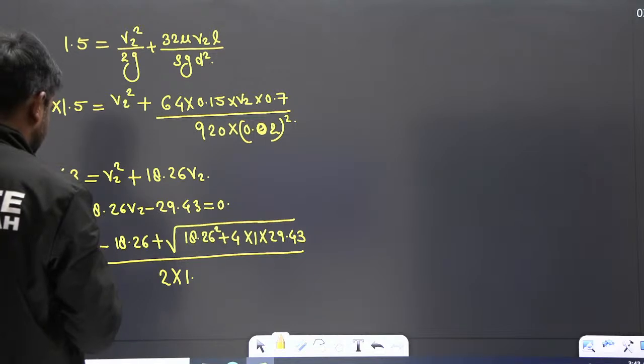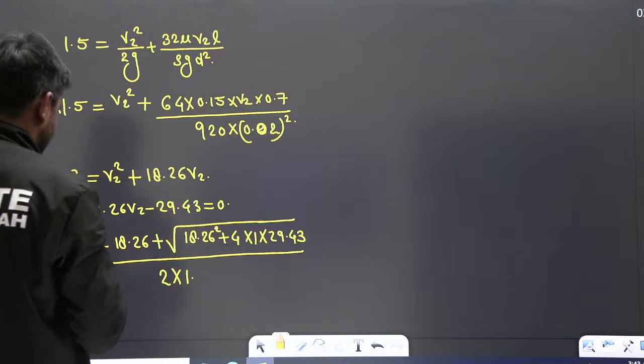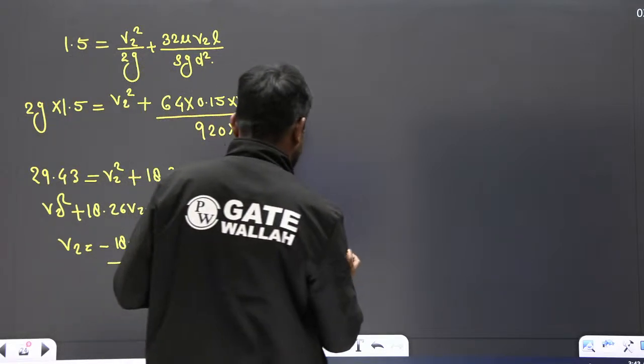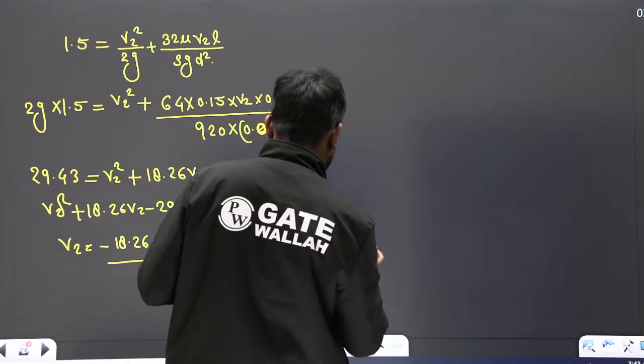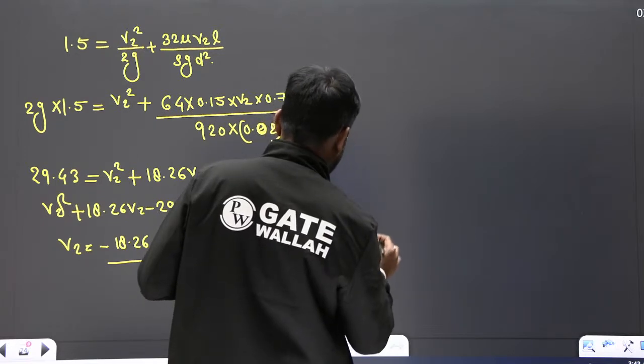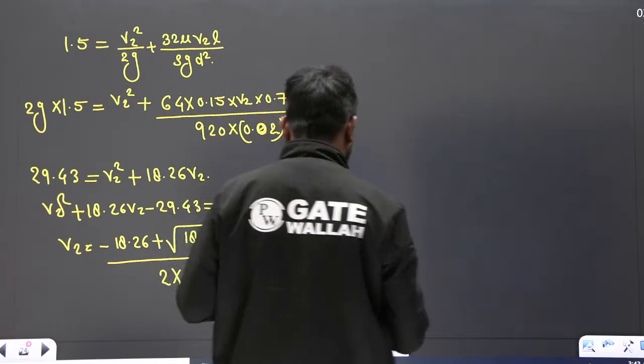Under root of this minus 18.26 divided by 2. So if I am correct in the calculation, the velocity is 1.49 meter per second.